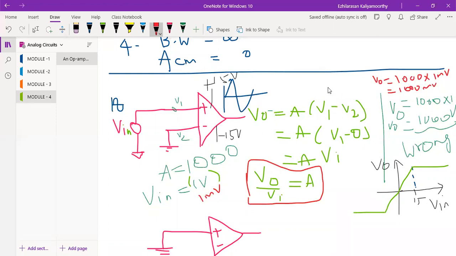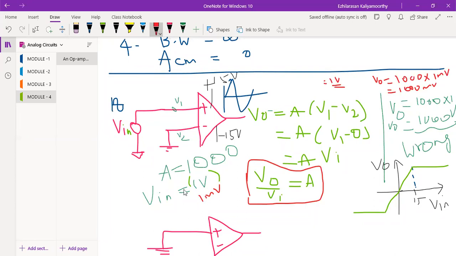That is 1000 times 10 to the power of minus 3, so the output will be 1 volt.